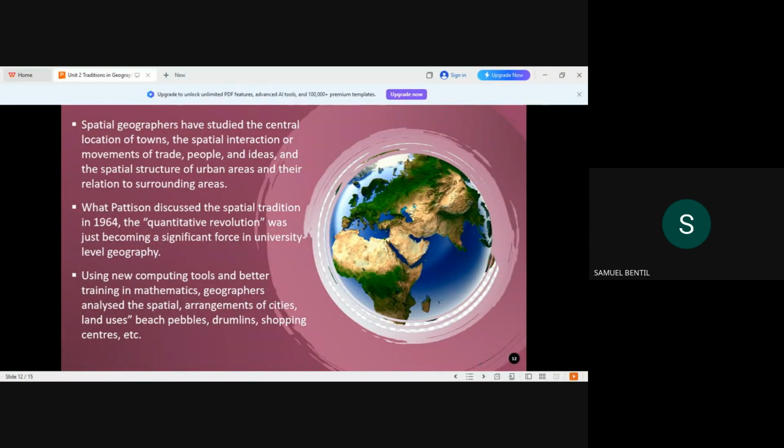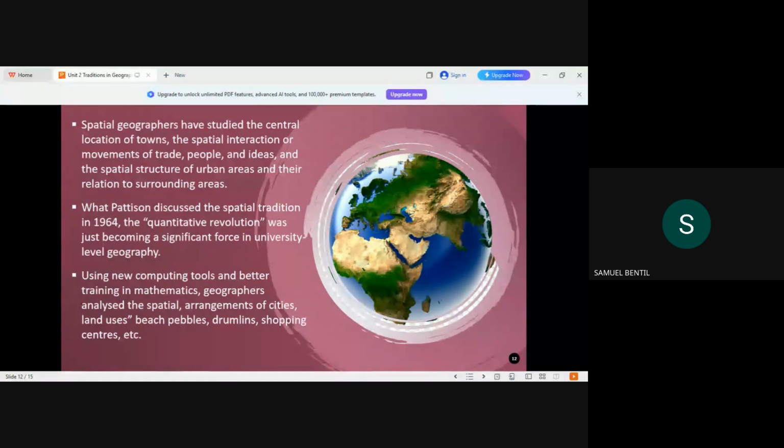Now, spatial geographers have studied the central location of towns, the spatial interactions or movement of trade, people, and ideas, and the spatial structure of urban areas and their relation to surrounding areas. So, what Patterson discussed in his spatial tradition in '64, what we call the quantitative revolution, was just becoming a significant force in university level geography.